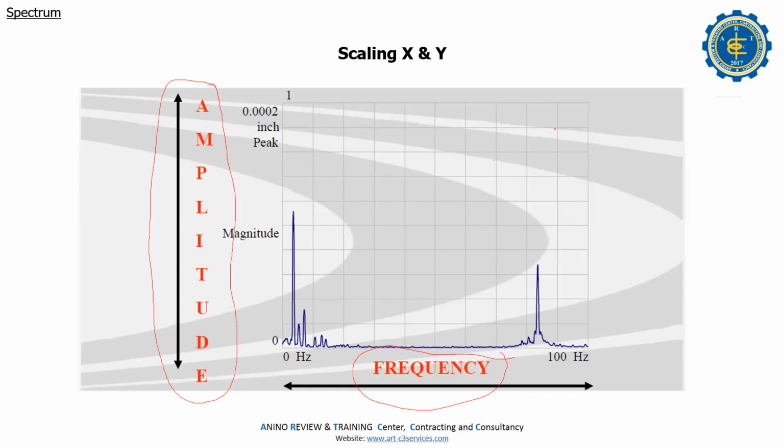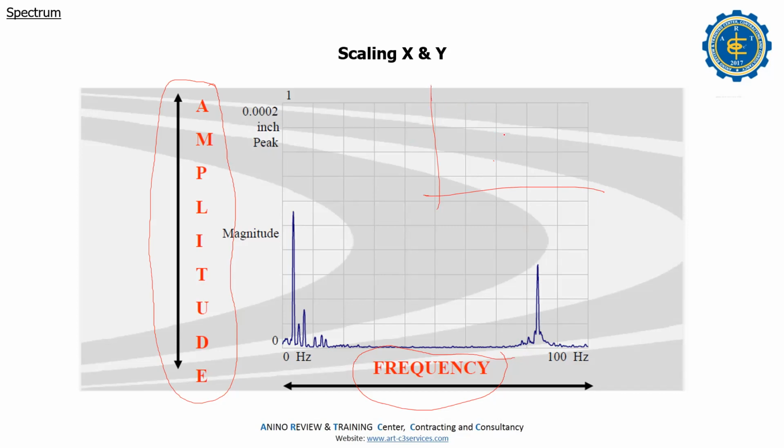But you can see that peak on the spectrum, so you can tell what your line frequency is. If you have an electrical problem, what is the frequency?